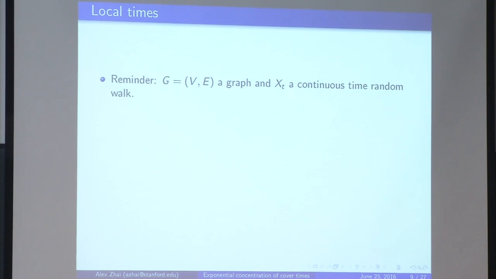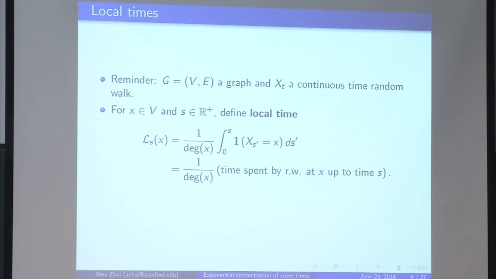So next, I need to define something called a local time. This is actually a very simple concept. We have our graph and random walk. At a time s and a vertex x, I'm going to define the local time L sub s of x to be equal to 1 over the degree of x times the time spent at x by the random walk up until time s.